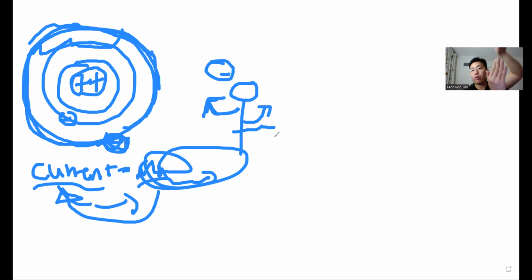Coming out from here, each electron has to be a small magnet. The coming-out part is N, and the entering part is S. It has to be a small magnet. We say this is a magnetic dipole. Okay, let's move on.